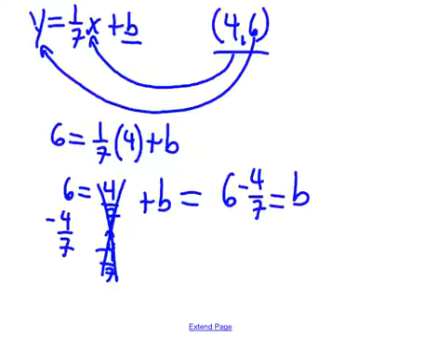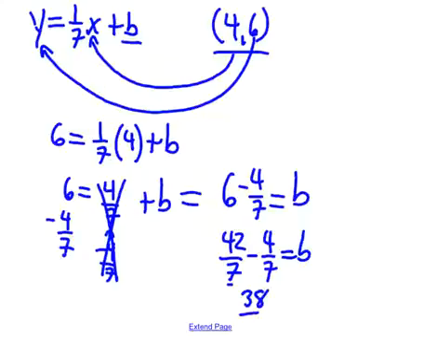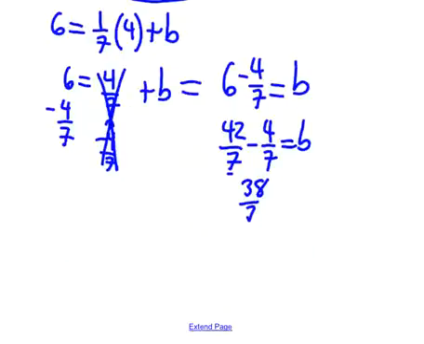Now, I'm going to subtract these two. I know that 6 can be rewritten as 42 over 7. I picked sevenths. I want to know how many sevenths are in 6 so that I can subtract this 4 sevenths from that. Okay, so I've done this. Now 42 minus 4 sevenths would be 38 sevenths. And that is going to be equal to b.